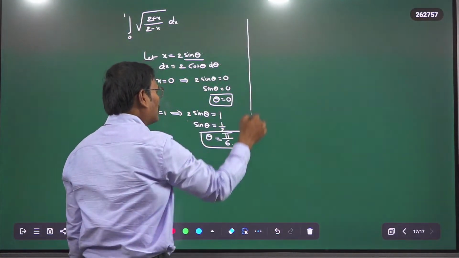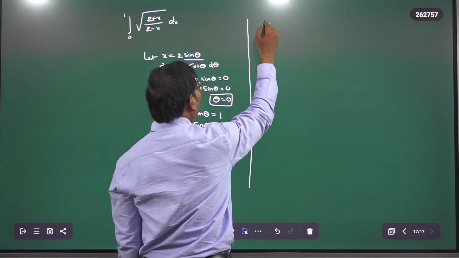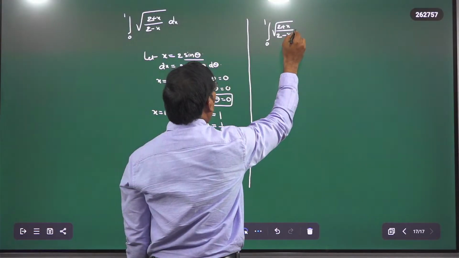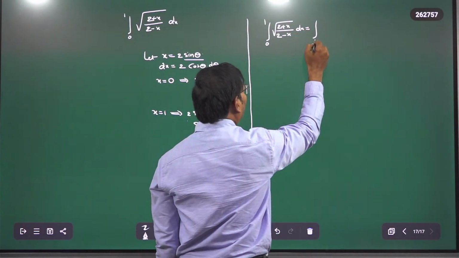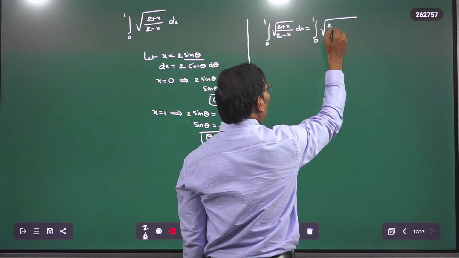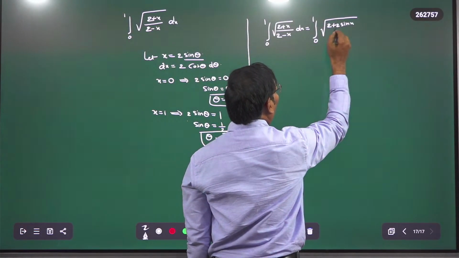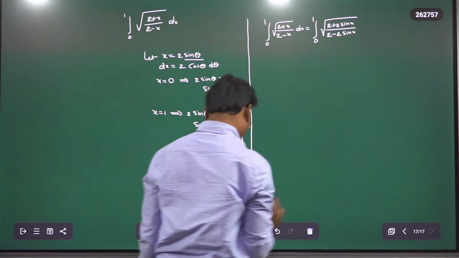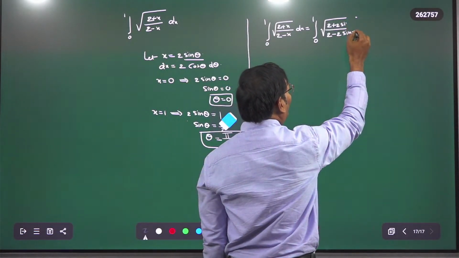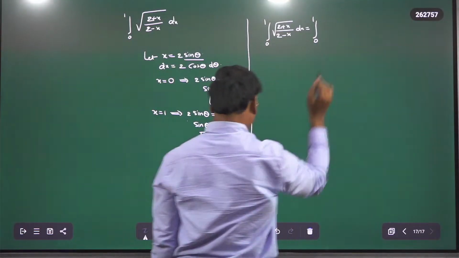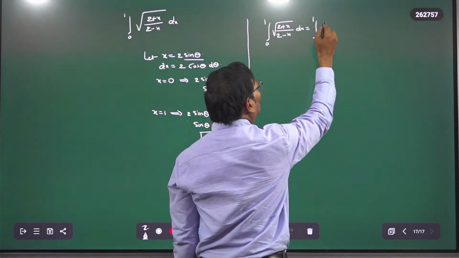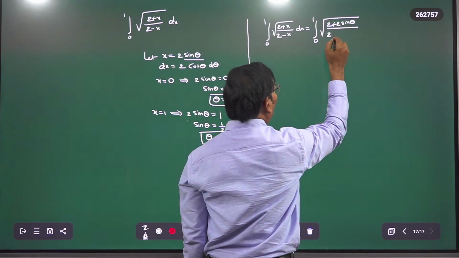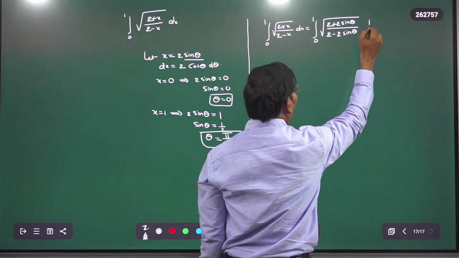Okay. Now I am substituting: integral 0 to 1 under root of 2 plus x by 2 minus x dx is equal to integral under root of 2 plus 2 sin theta by 2 minus 2 sin theta, since x is equal to 2 sin theta, d theta.